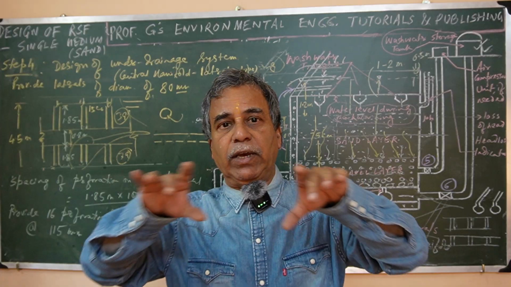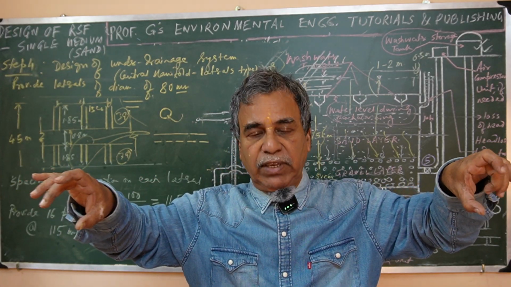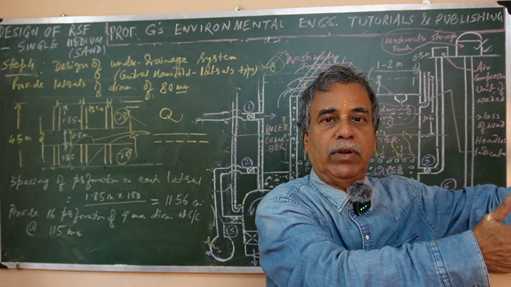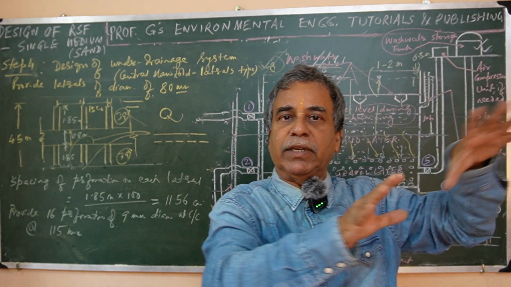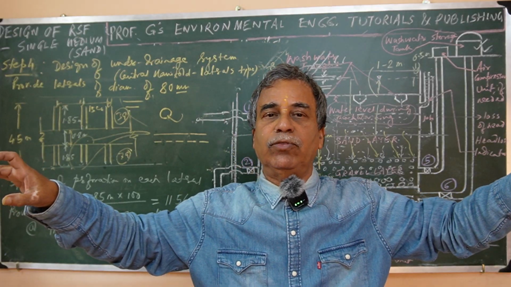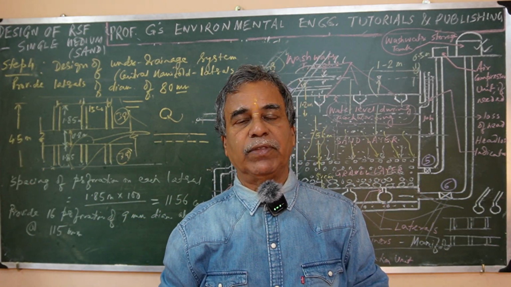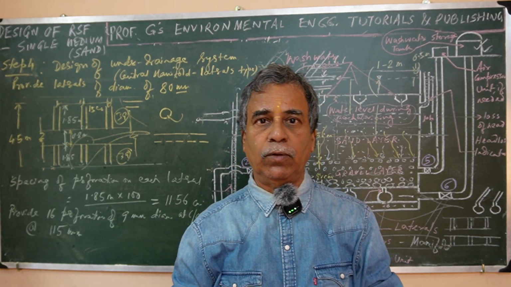That is why I am saying this: when the laterals are too long and the manifold is at the end, there is a possibility that the lateral length will be high enough to exceed that L by D ratio of 60.